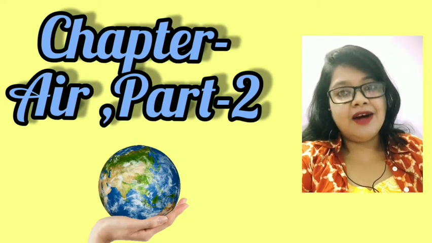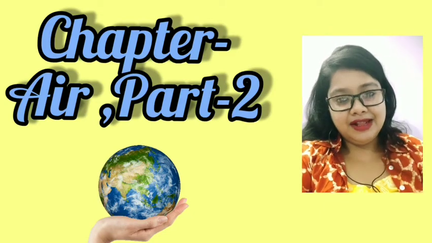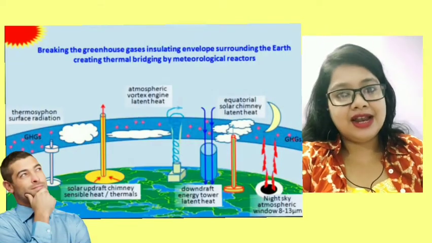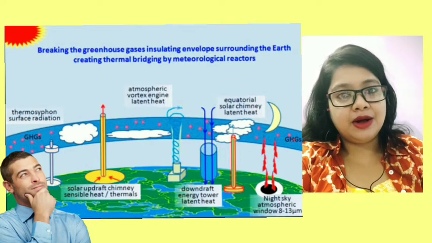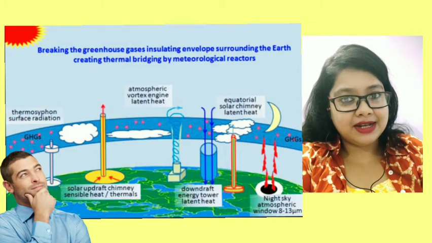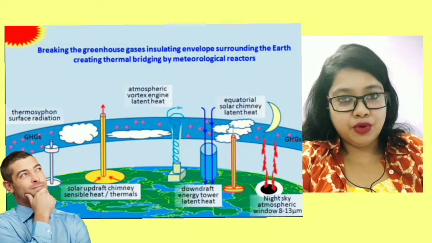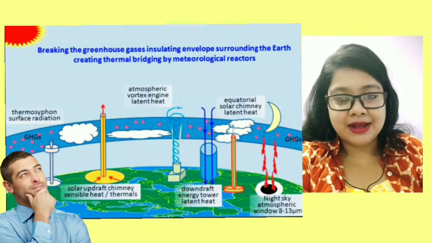Now after this we will see how the temperature is getting affected. The temperature that we feel every day is the temperature of the atmosphere. Due to the sun's radiation, the atmosphere traps the heat and then radiates the heat, and that is why our atmosphere gets heated. The temperature of the atmosphere changes not only between day and night but also from season to season.